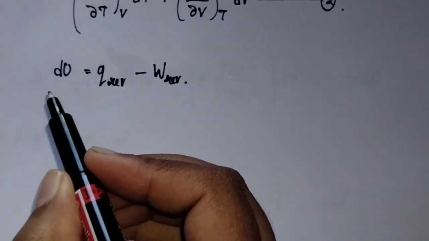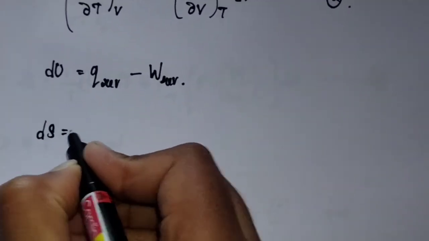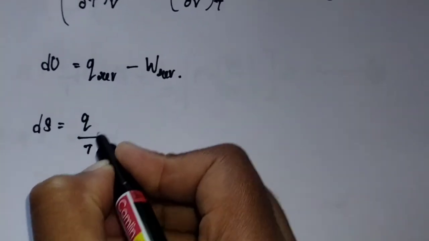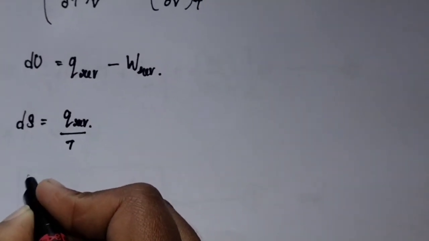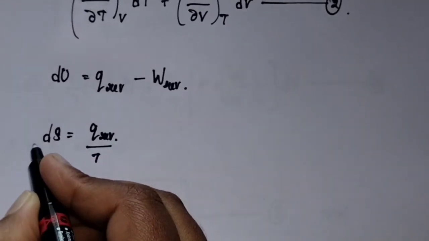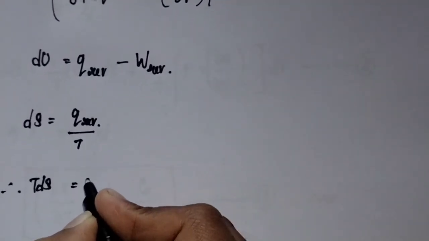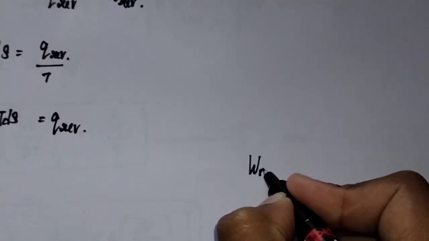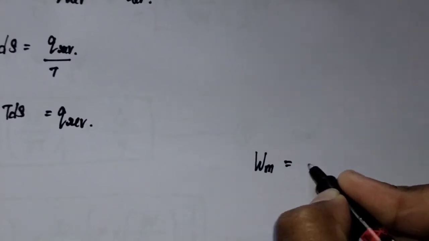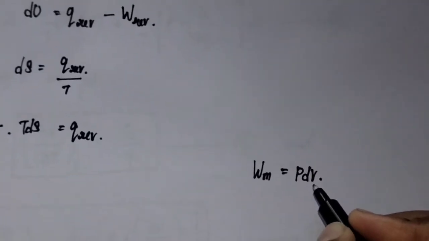Again, the definition of entropy: dS is equal to Q by T. Therefore, taking this T to the left hand side, we get T dS is equal to Q. At the same time, the maximum work Wm is equal to P dV, where P is pressure and V is volume.